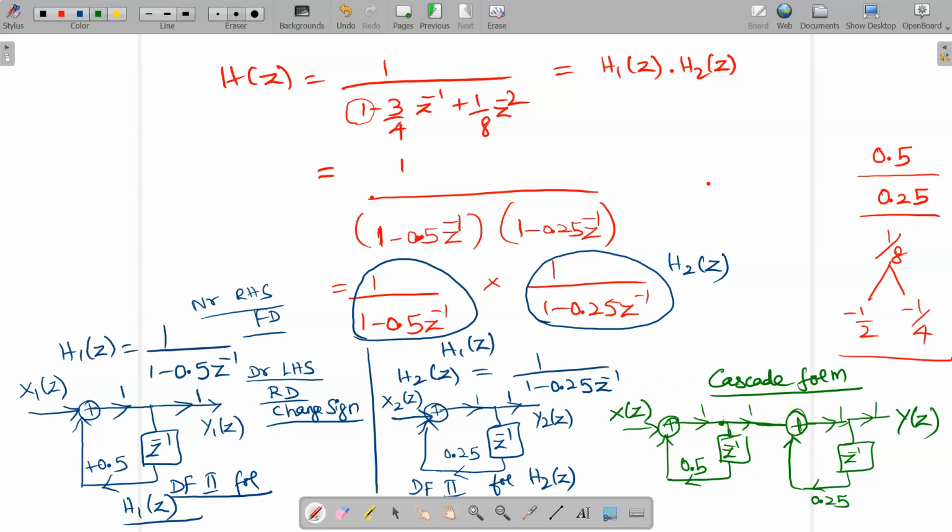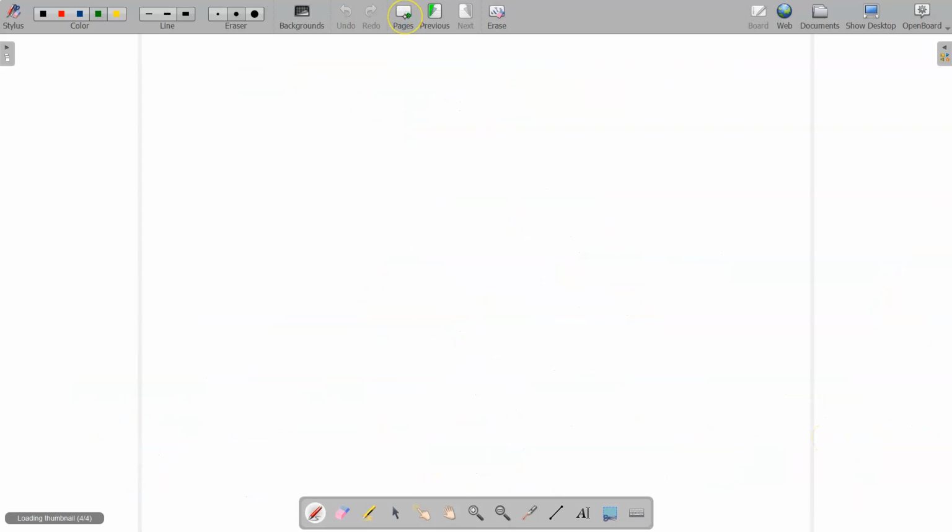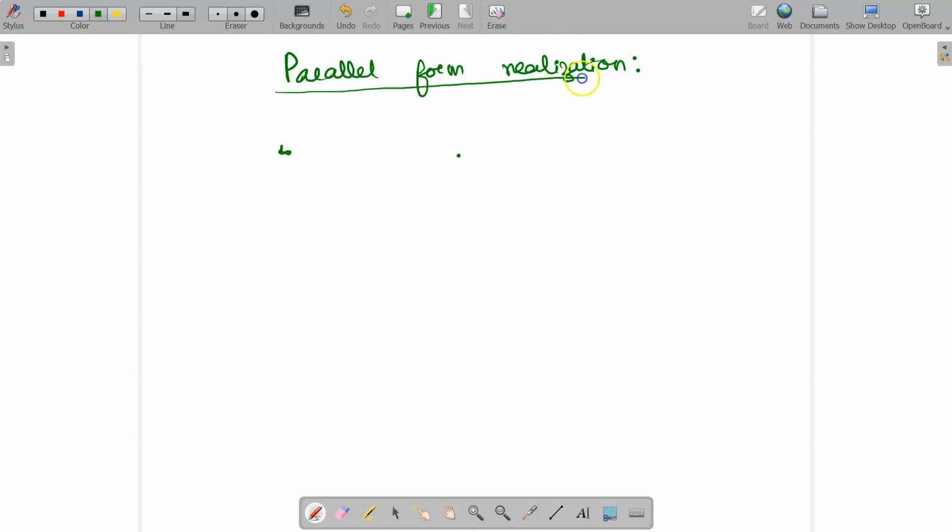So just find the subtransfer functions, draw the diagram in direct form two structure for both the subtransfer functions, and connect them in the cascaded manner. So if it is parallel form, for parallel form realization, we have to split the given transfer function into an addition of subtransfer functions.